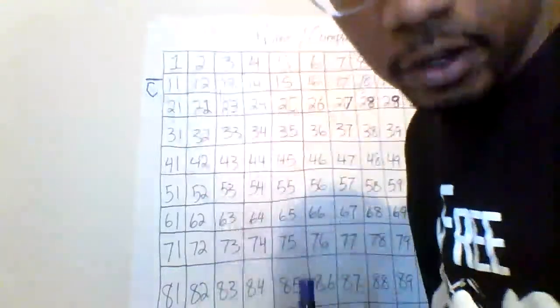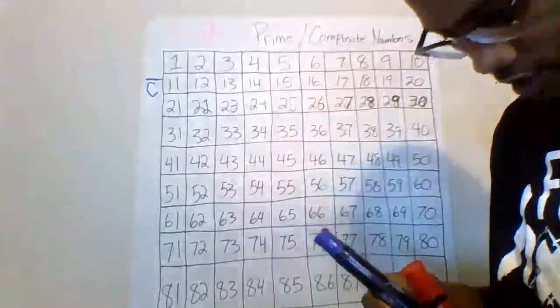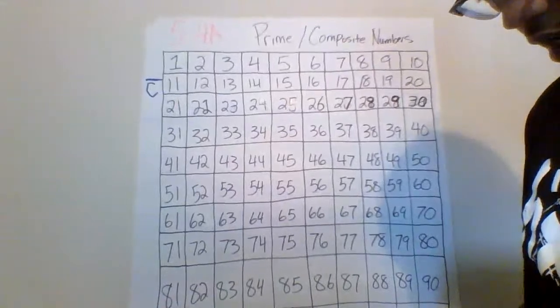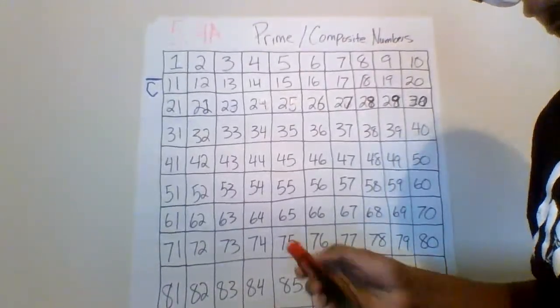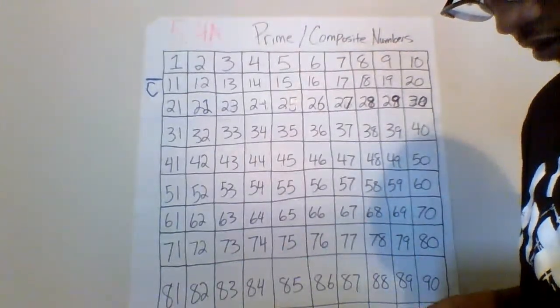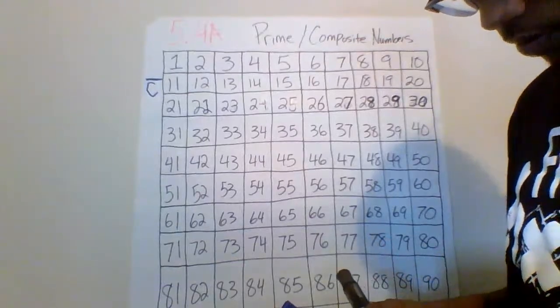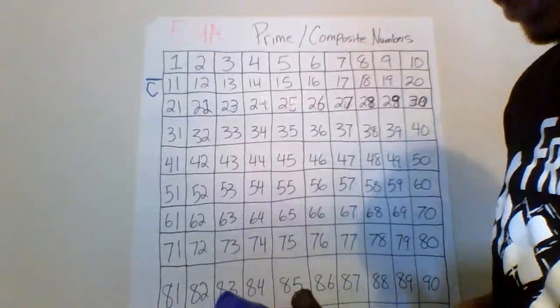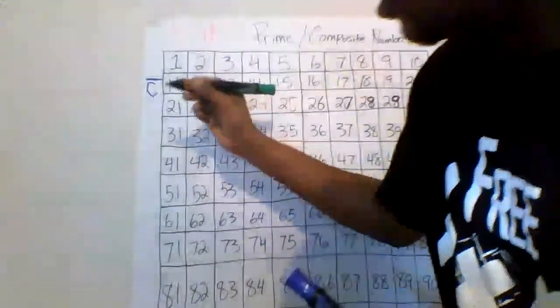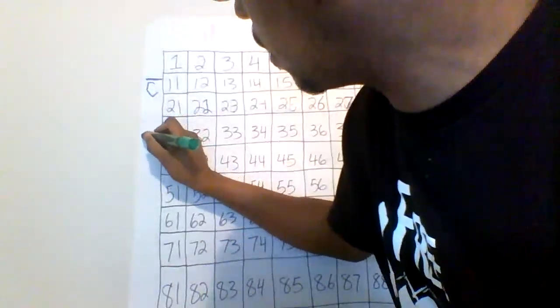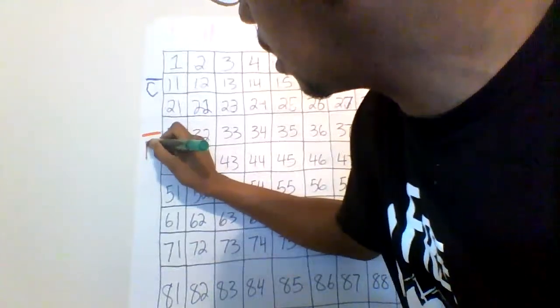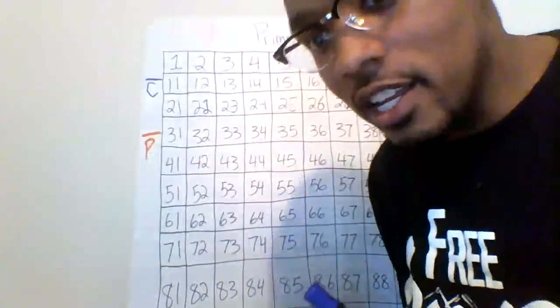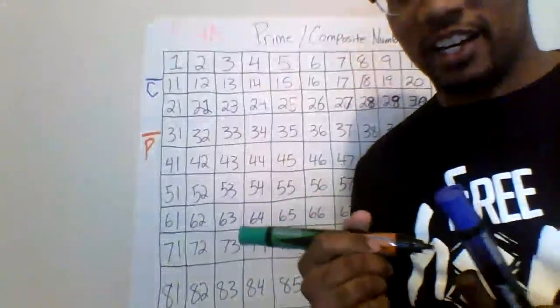I'll put a C for composite. Hopefully this red works. I'm going to try this orange. My orange is going to be prime.